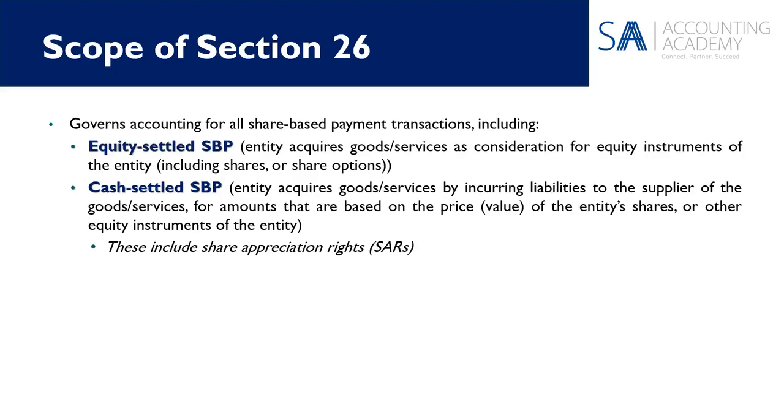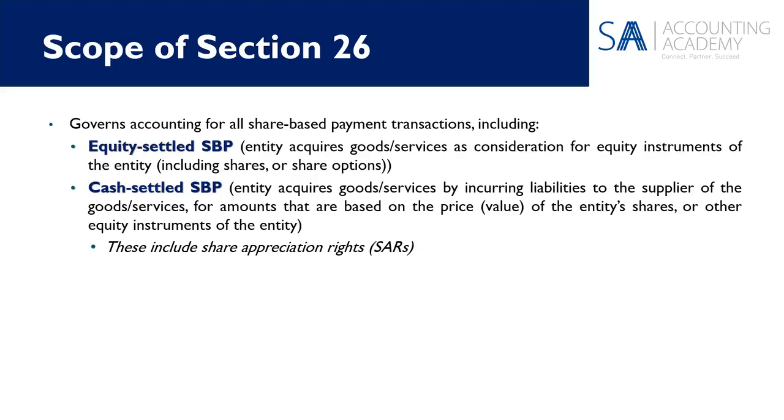Here goods or services are acquired, and the entity incurs in return a liability to the supplier of the goods or services for amounts based on the price or value of the entity's shares or any other equity instruments of the entity. What is interesting here, and the link to share-based payment, is that on the debit side we're obtaining goods or services, so we can click that box.